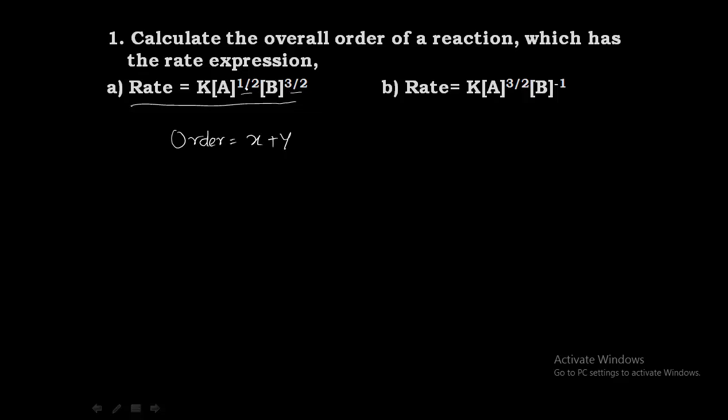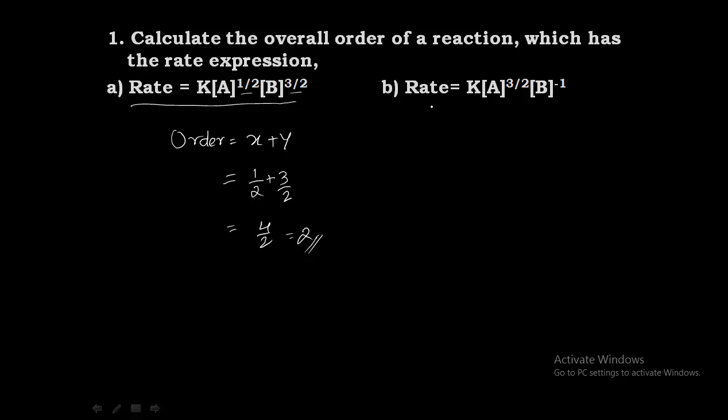So x means 1 by 2 and y means 3 by 2. If we take the sum of these powers, how much will we get? 1 by 2 plus 3 divided by 2, that is 4 divided by 2, which is equal to 2. Therefore the order of the given rate expression is 2.